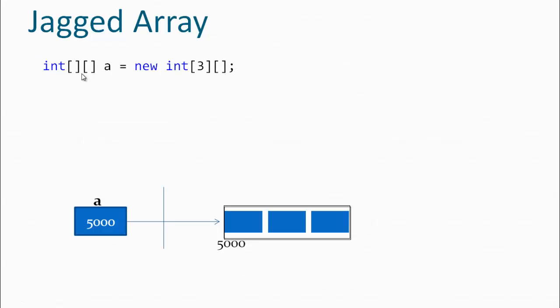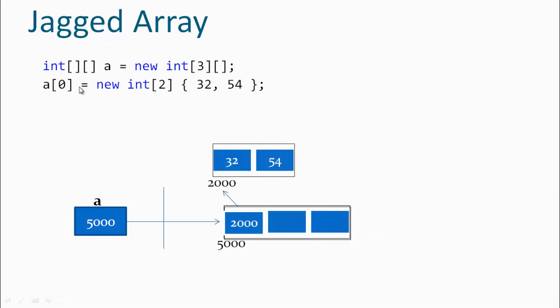Here you are creating a reference to a jagged array. These two square brackets represent that a is a reference to a jagged array, or a is a reference to an array of arrays. See here. Now new int[3] will actually create an array of 3 references to integer arrays. You can say a[0] is equal to new int[2].